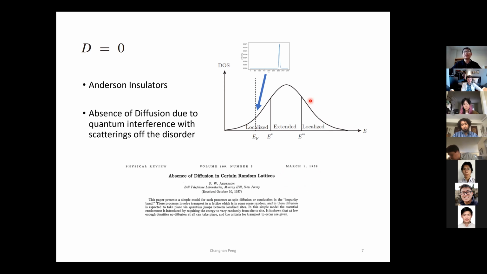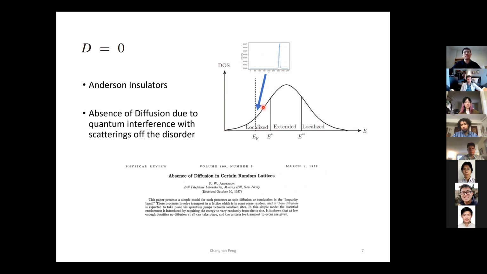So here is a plot for possible Anderson insulators. With some disorder, there are some parts of the band which have localized wave functions, as I'm showing here. The wave functions for the particles are no longer extended across the whole system, but exponentially localized at some sites.